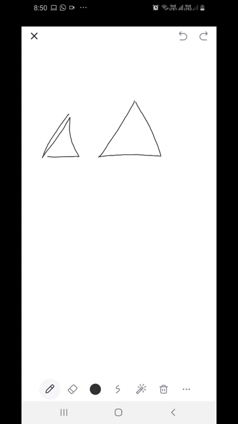You see somewhat the shapes are the same, but the sizes of both the triangles are different. So we can say the triangles are similar, but the triangles are not congruent. So there is a difference between congruency and similarity. Now in this class you are going to study about the similarity of triangles.